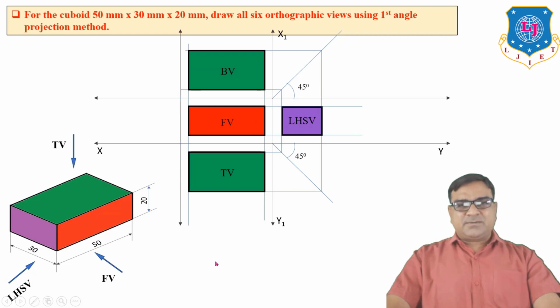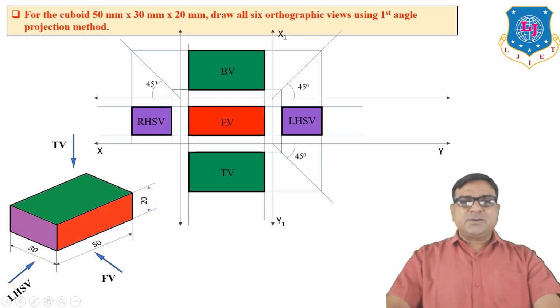Another reference X1Y1 line, 45 degree, extend from the bottom view and draw the right hand side view. So in the first angle projection method, the left hand side view is always to the right of the front view and the right hand side view is always to the left of the front view.